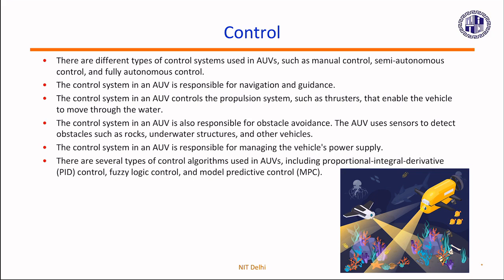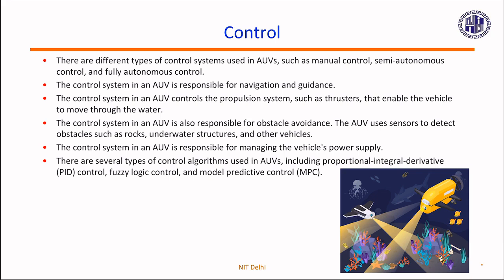Image processing algorithms are used to analyze image or video data collected by imaging sensors such as cameras or sonar. Machine learning algorithms are used to classify and analyze data such as identifying objects in an image or recognizing patterns in environmental data.